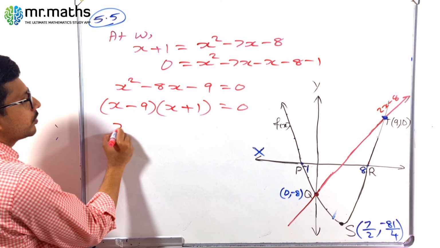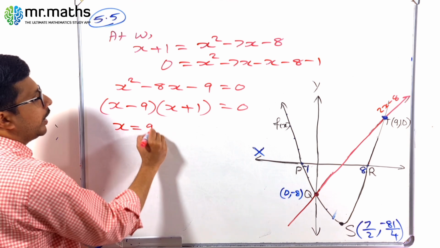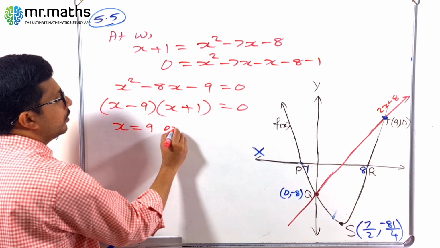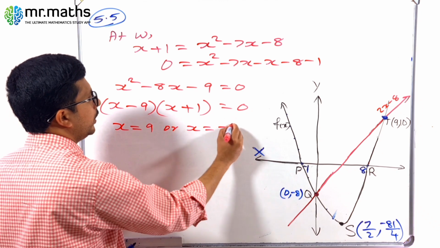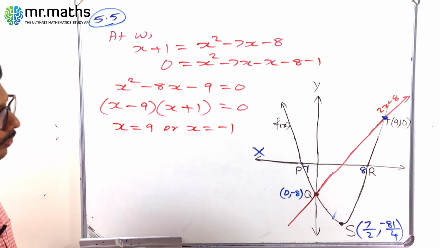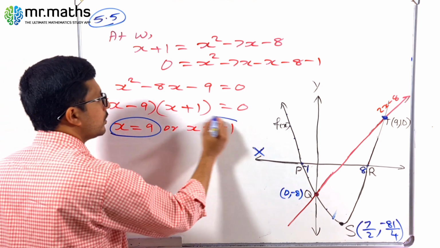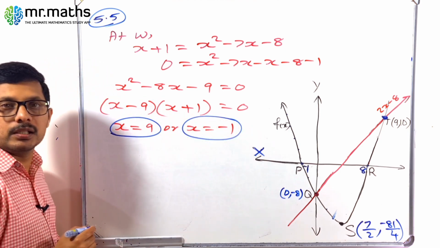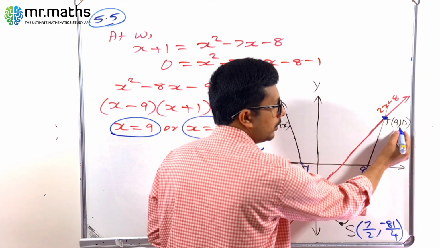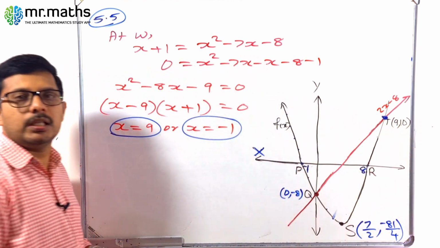So what are the x values? x is equal to 9 or x is equal to minus 1. x is equal to 9 is the point T, look at this, T is 9.